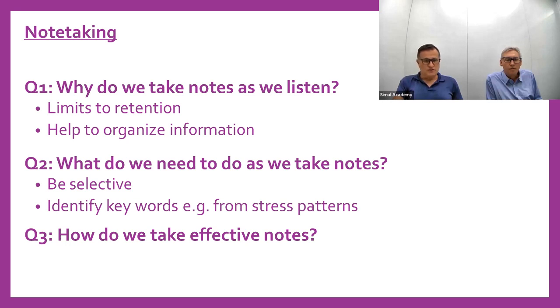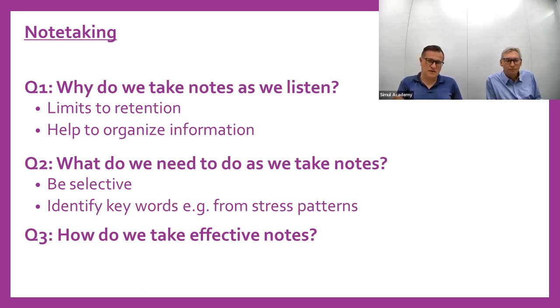So the next question is, what do we need to do as we take notes? Well, basically, when you're listening and taking notes at the same time, you have to be selective about what you write down and what you note down. So basically, it's key words, okay? And developing your note-taking skills will help you do this. As you noticed, when Mark said key words, he said that word louder, and there was a little bit of a pause before he said the word.